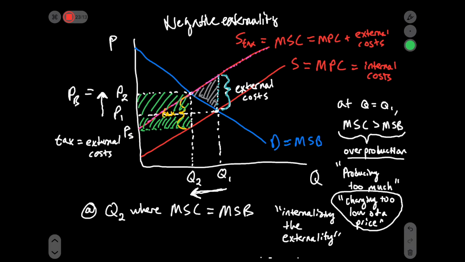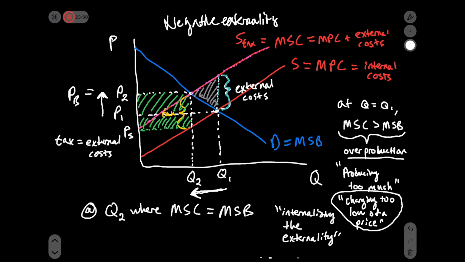Perhaps the government could use that tax revenue to further regulate this market, in the sense of imposing environmental regulations on the firm, or perhaps helping to cover some of the damages that were done to our third-party bystanders. But this is an example where a tax has actually made the market more efficient, not less efficient.